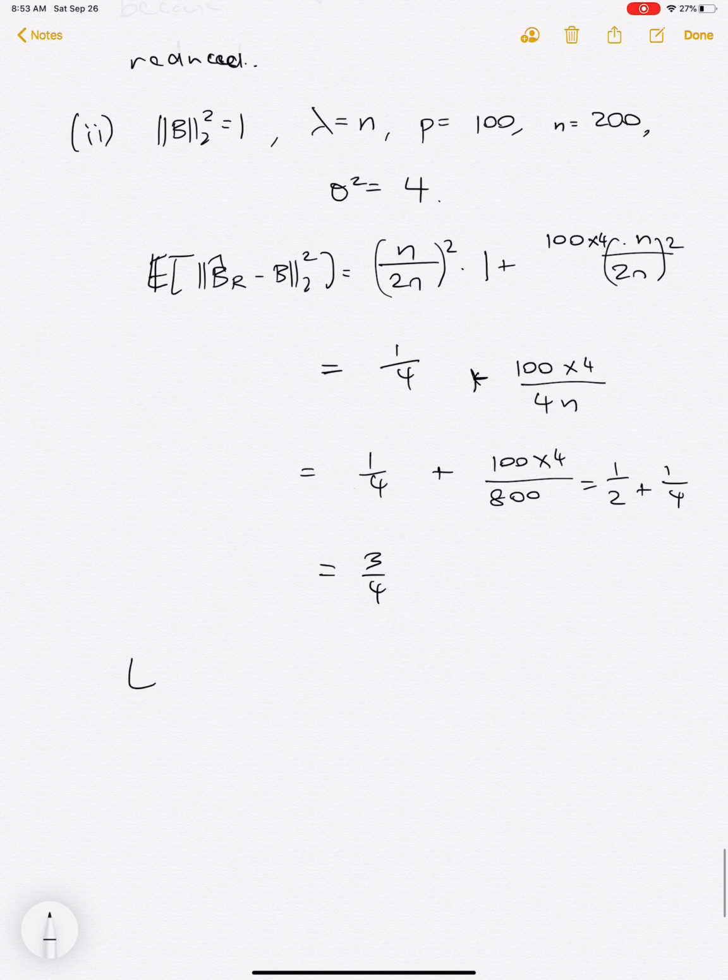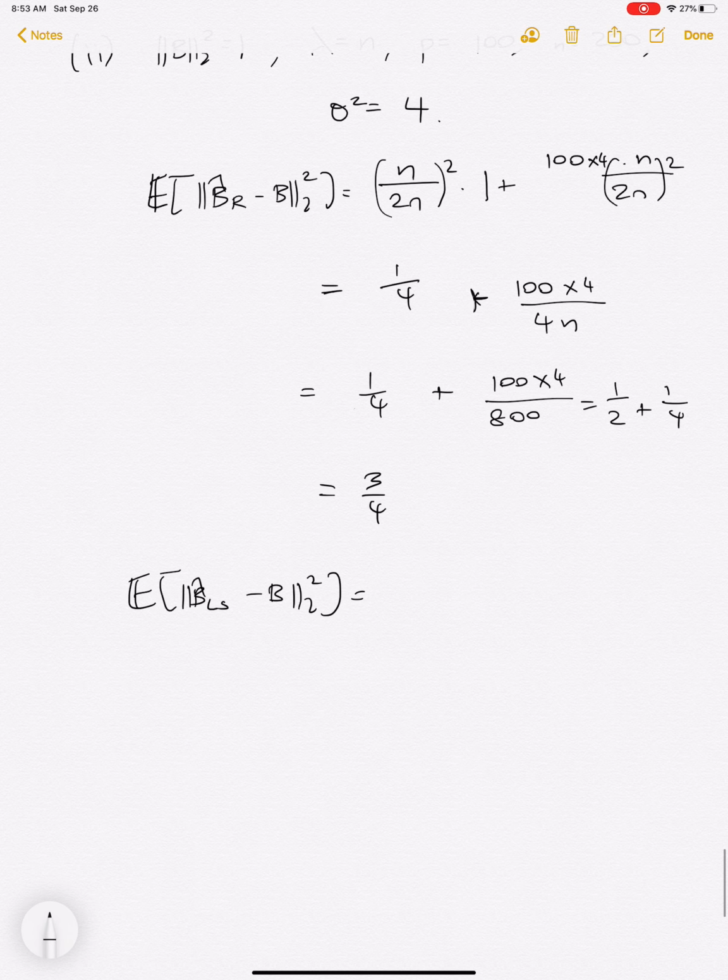And now let's compare that to the least squares estimate. That's going to be P times sigma squared over n, which is just 100 times 4 over 200, which is going to be 2.